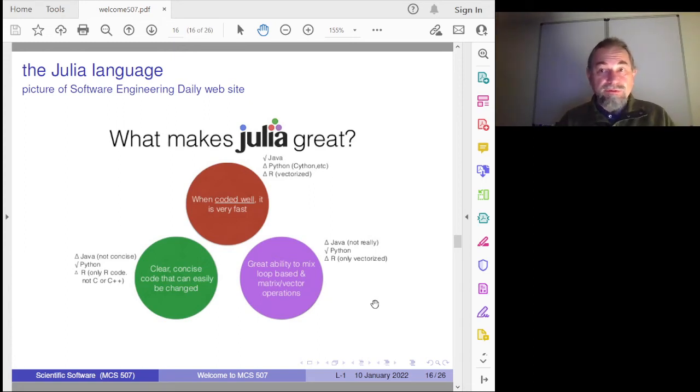So what does Julia promise to do? It promises to provide one language for prototyping, for which Python is really great, and also giving the close to optimal performance.